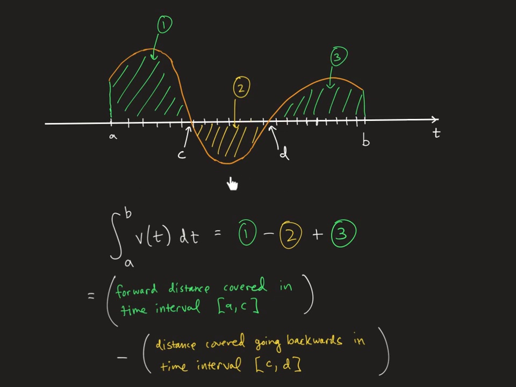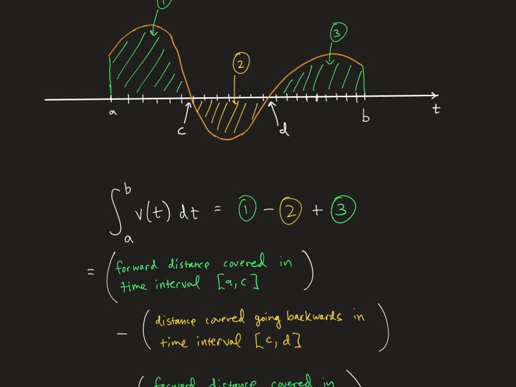And if we measure that total backwards distance that we've gone, we would be subtracting that out of our total distance covered in this full interval from A to B. We'd have to subtract that backwards part out. That matches up with the interpretation of signed area. Below the axis, the area counts as negative because in the physical interpretation, our motion is backwards. We're not accumulating more distance, we're losing distance. We're going back the way we came.